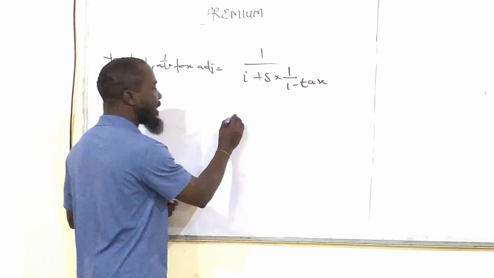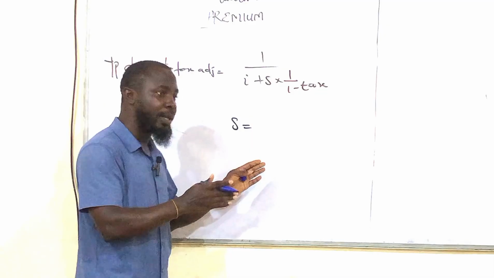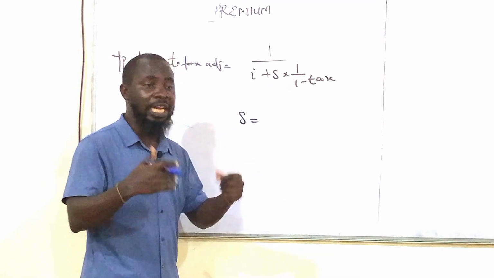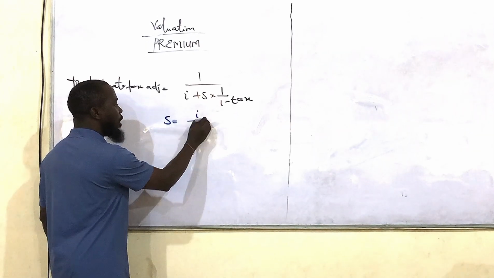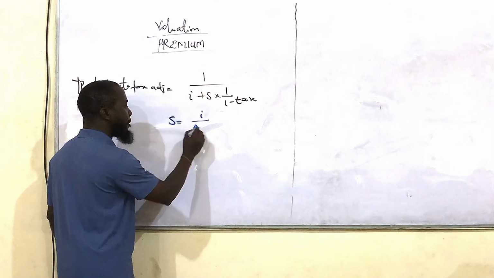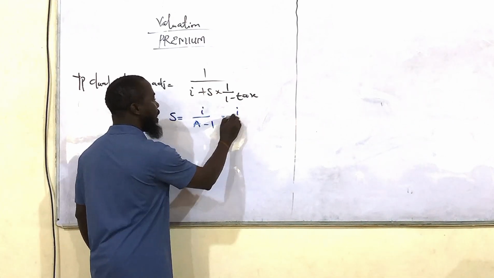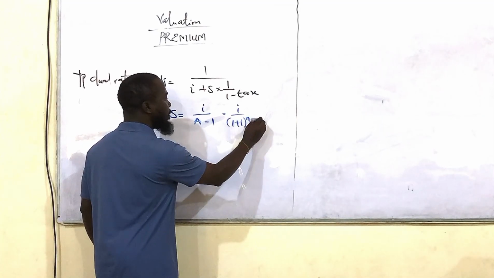Now look at this. This S is your sinking fund. Remember, when you are doing the amount of 1 naira, the present value of 1 naira, the sinking fund calculation: the sinking fund is I all over A minus 1, where A, the amount of 1 naira, is 1 plus I all raised to power n minus 1.